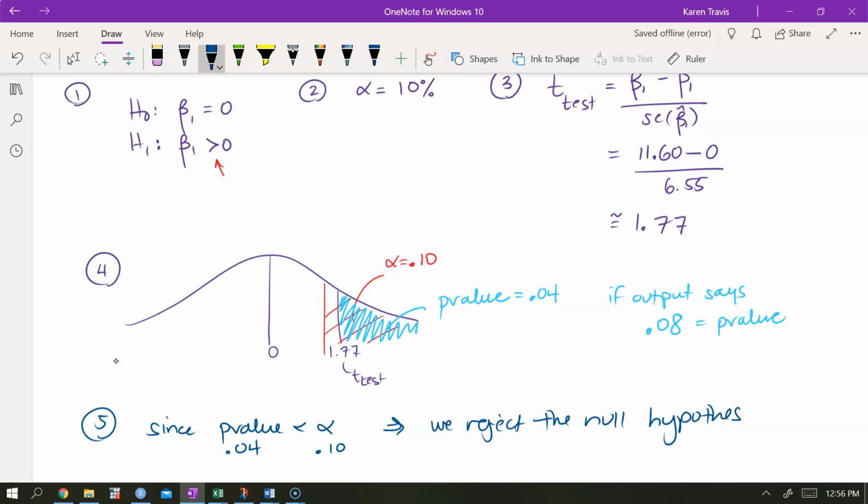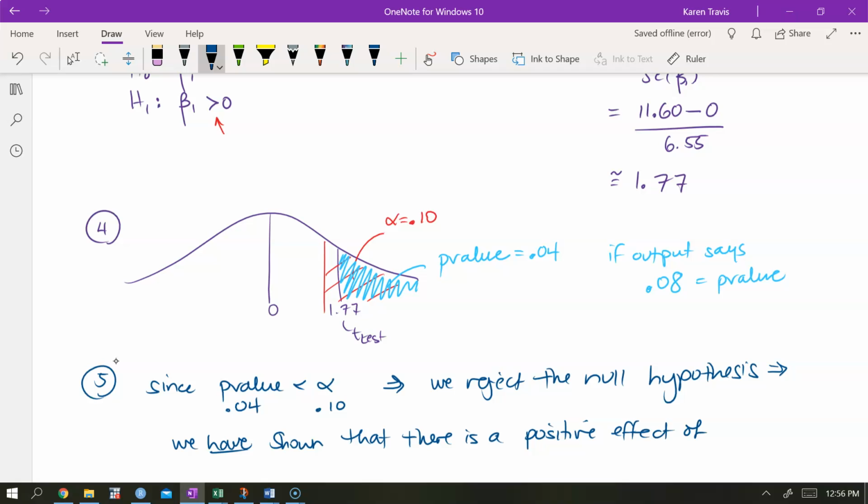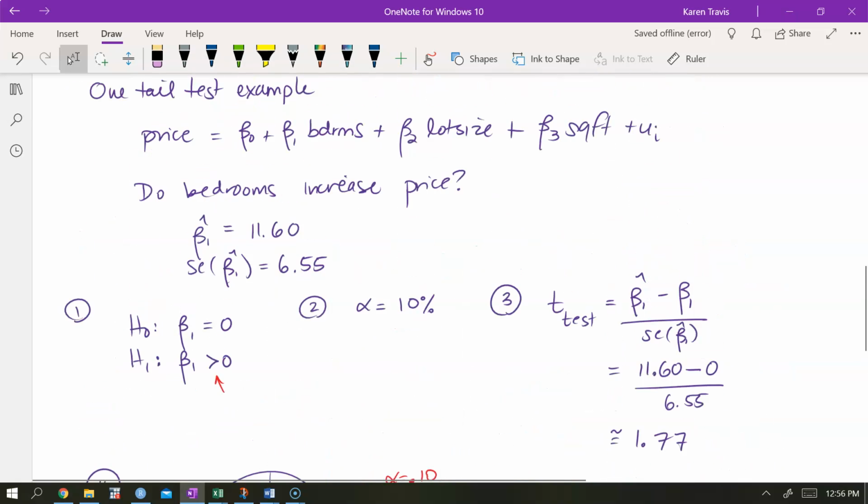And rejecting the null hypothesis, basically this statement is all true, but whenever I say what's this conclusion or how is this applied to our story, what we're saying is we have shown that there is a positive effect of, what were we doing?